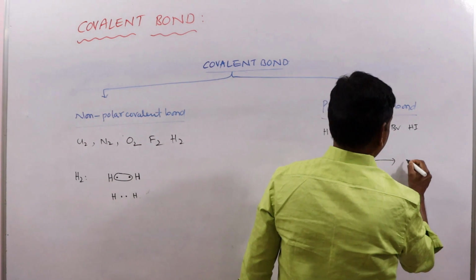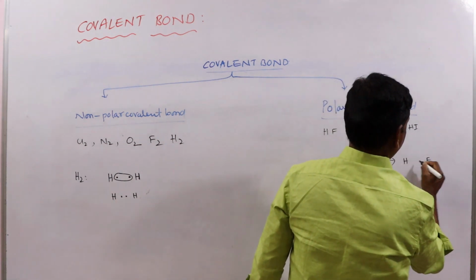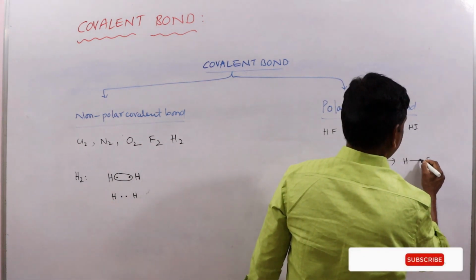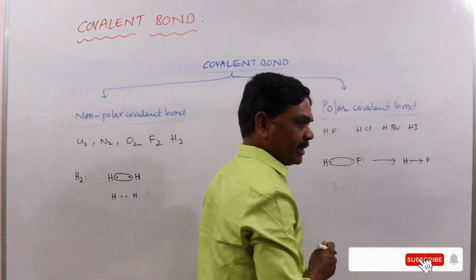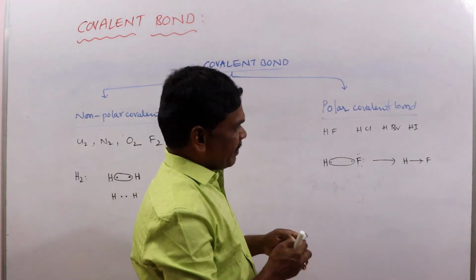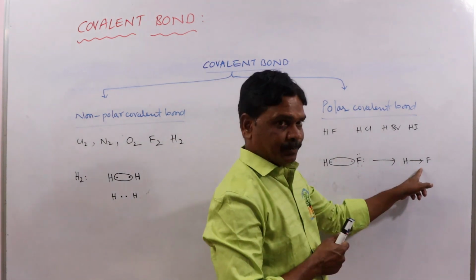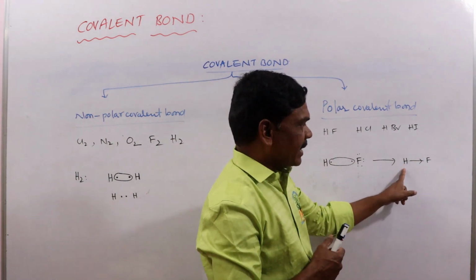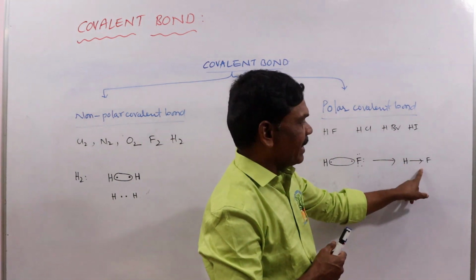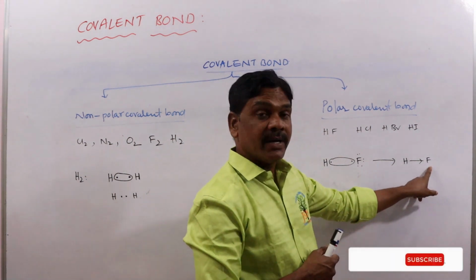So here we have hydrogen and fluorine, and this is the covalent bond, which we denote like this. Whatever electron pair is present between hydrogen and fluorine slightly moves toward, or gets displaced towards, fluorine.